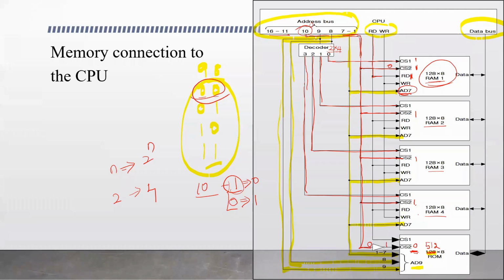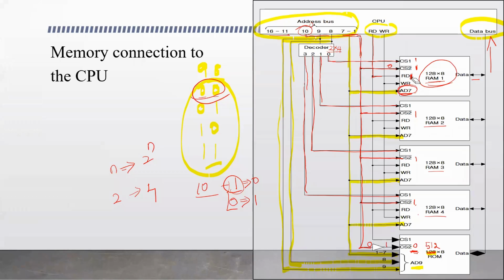What are these 7 bits of address? Out of these 128 words, the particular word is selected. So this RAM places the memory word specified by this address onto the data bus, and that gets transmitted to the CPU. Correct?